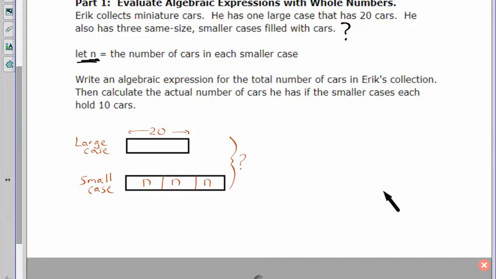All right, here's a bar model we have. And what we have here is, this is the bar for the large case. There's only one of them, and it has a value of 20. Down here I have the 3 smaller cases, and each case can hold n cars. So I have 3 equal groups of that, and then I have this other 20 here. And the whole thing is what I'm trying to find out.